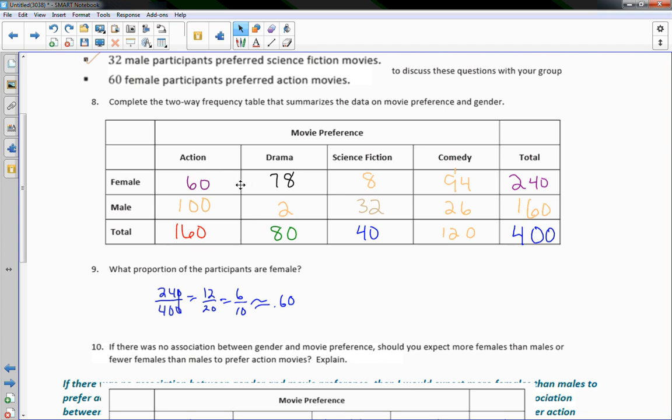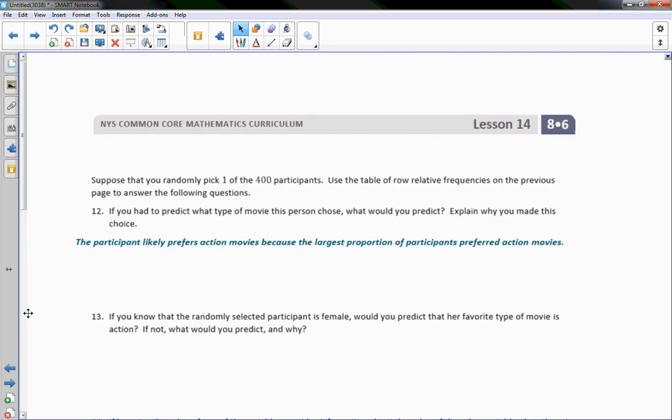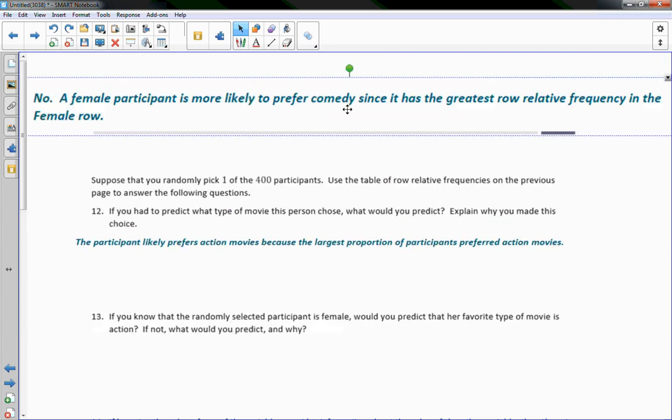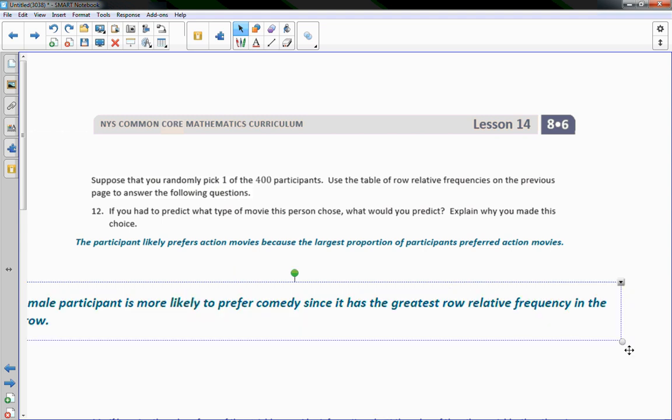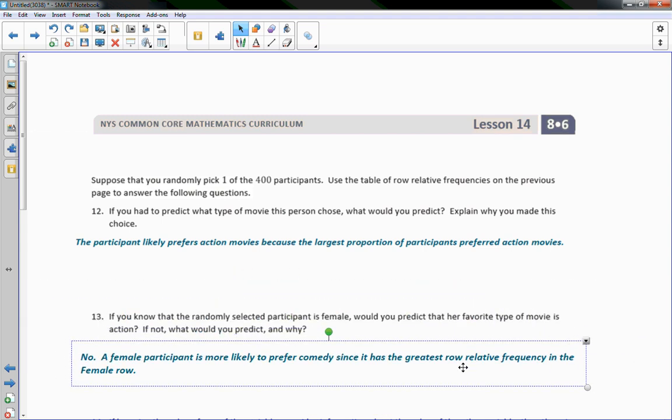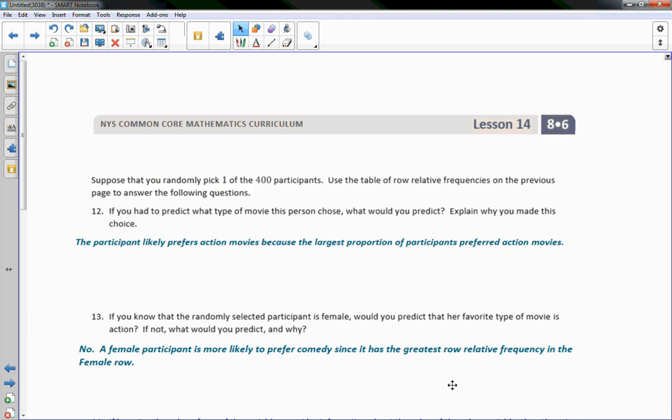So I would say no, I would not predict action. That's only 60. That came in 3rd place, 94. Comedy was the most popular. So I bring my answer in. Okay, let me just reduce this down. And there it is. No. Female participant is more likely to prefer comedy since it has the greatest row relative frequency in the female row.